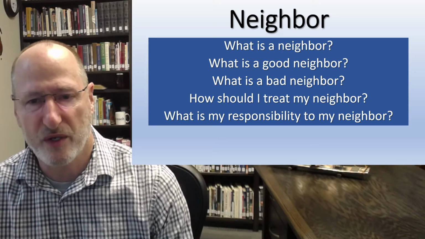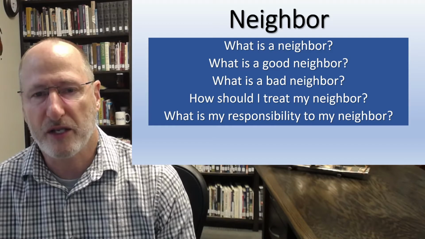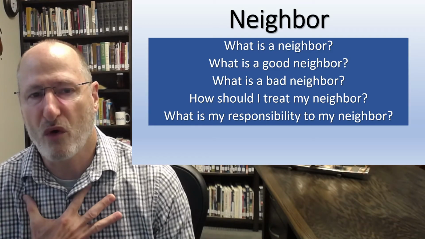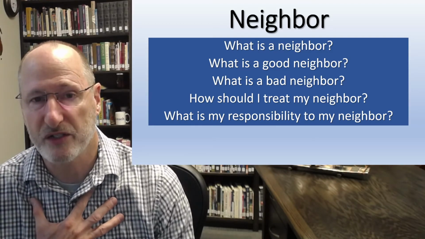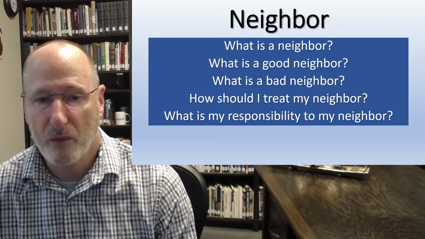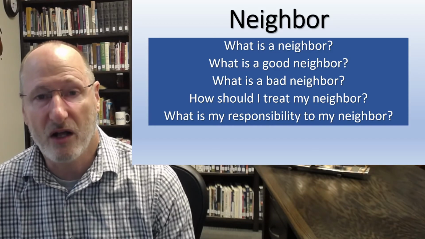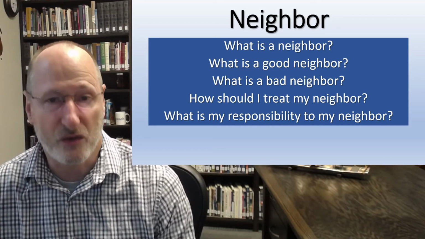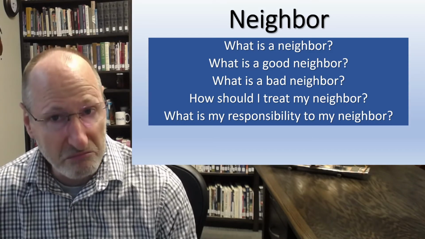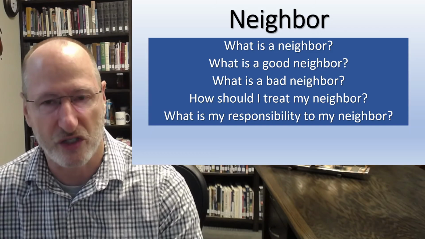When you start asking what a neighbor is, what a good neighbor is, and so on, what you're really doing is preparing someone for a presentation of the gospel message that this paradigm leads into. So when you get to the question, what is my responsibility to my neighbor, all of a sudden your mind as a Christian probably goes to the Good Samaritan. And that's exactly the purpose of this illustration.